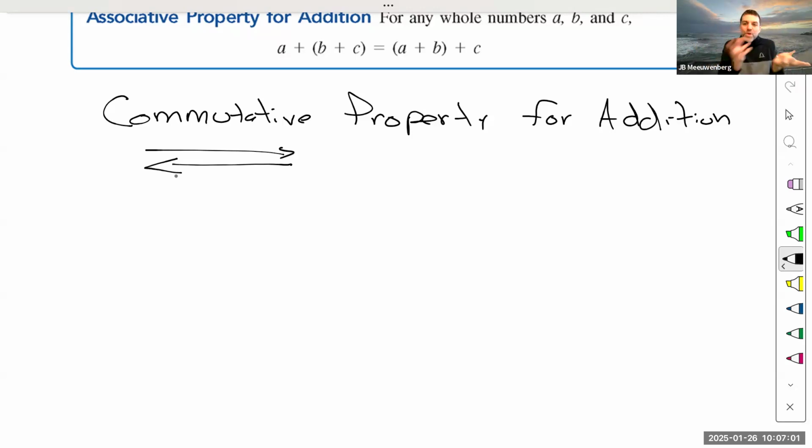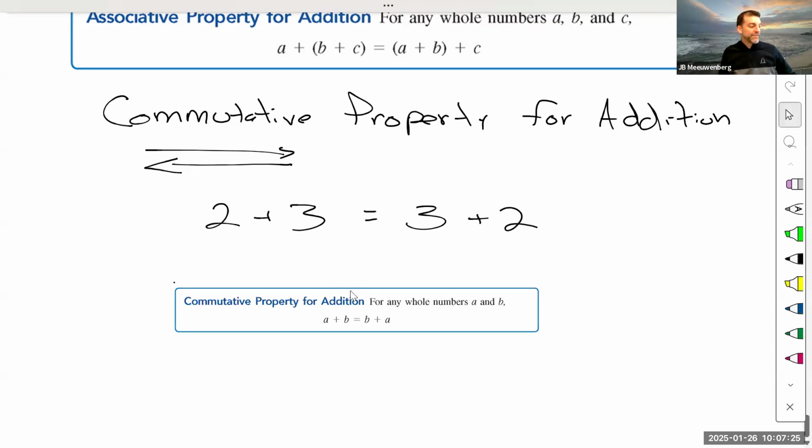With numbers, we can switch the order in which we add them. If we add 2 plus 3, that's the same thing as adding 3 plus 2. It's the same two numbers. We've just changed the order in which we do them. And that is an important property of addition. We can move numbers around an addition sign.